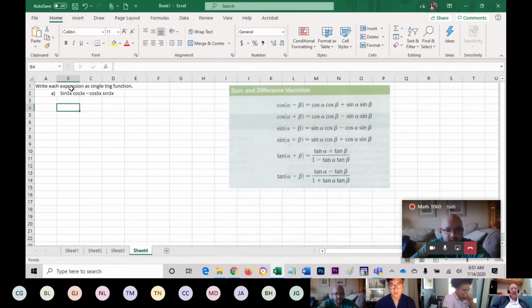How could you simplify this using one of these identities, and which one would you use? All right, so that would be the third one, right? Sine of alpha minus beta. Okay, so this would be what?